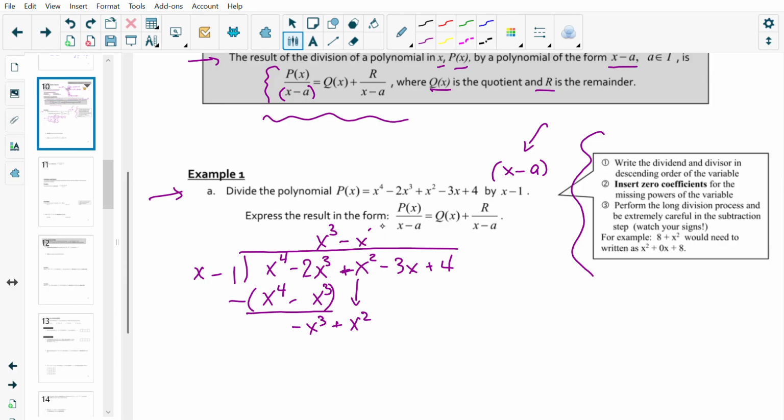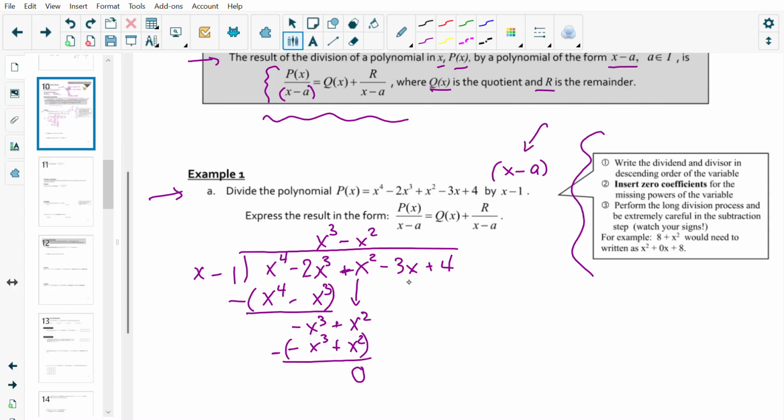Minus x squared times. So that's negative x cubed plus x squared. And remember, we're subtracting this. So negative x cubed minus negative x cubed is negative x cubed plus x cubed, that's 0, and x squared minus x squared, that is 0.